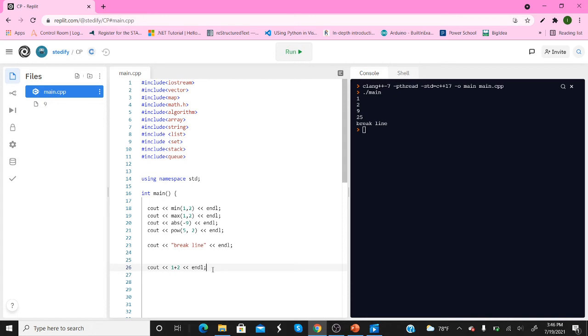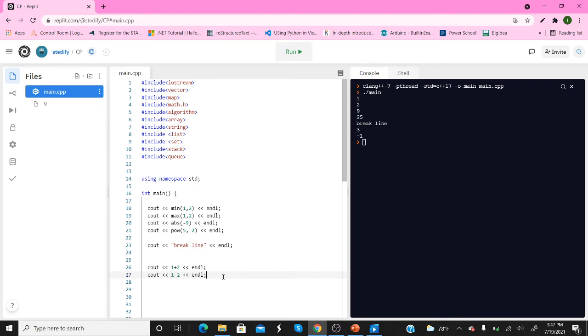This should give us 3, because 1 plus 2 is 3. And sure enough, we get 3. Same as Python. Subtraction is also the same as Python, and that is -1.